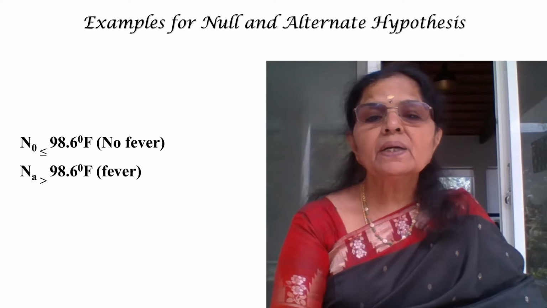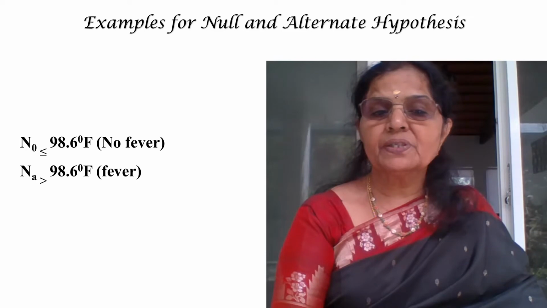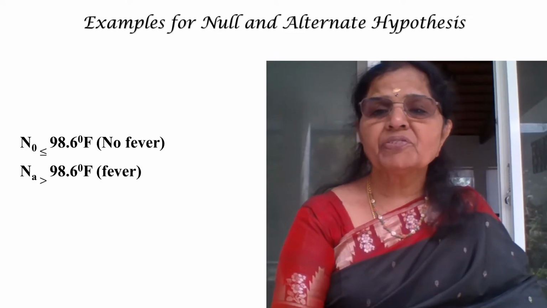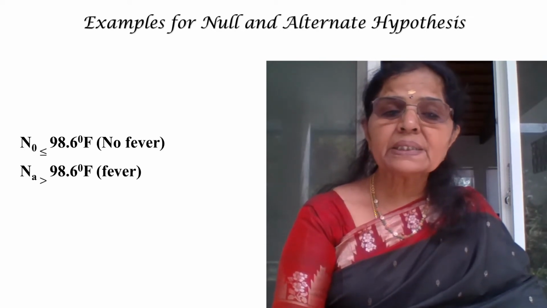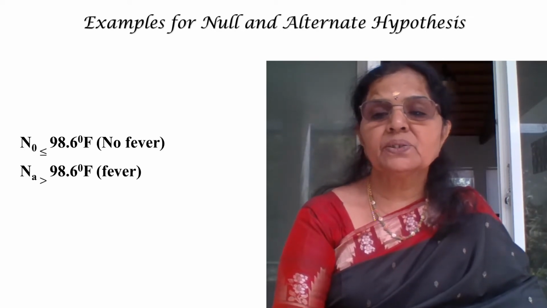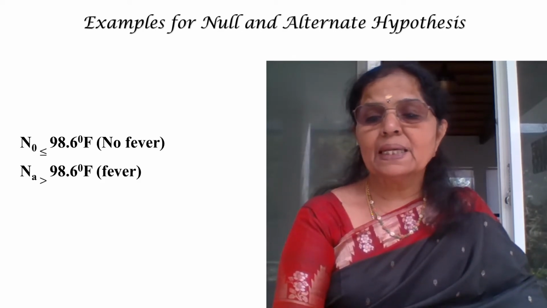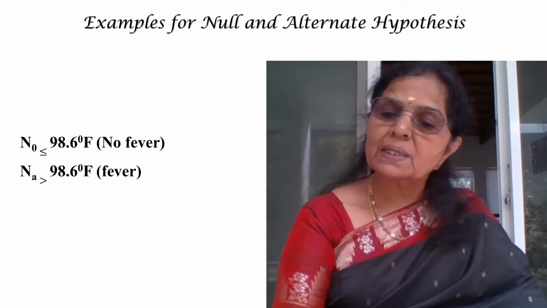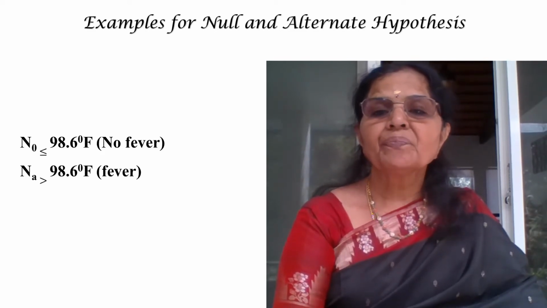So they are mathematically opposite, and if you put together both, they include all the temperatures. The null hypothesis includes 98.6 and below, and the alternate hypothesis includes any temperature above 98.6 degrees. That is what we mean when we say that the null hypothesis and alternate hypothesis are mathematically opposite, and put together they encompass all the elements of body temperature. Here the example is body temperature. I hope you got it.